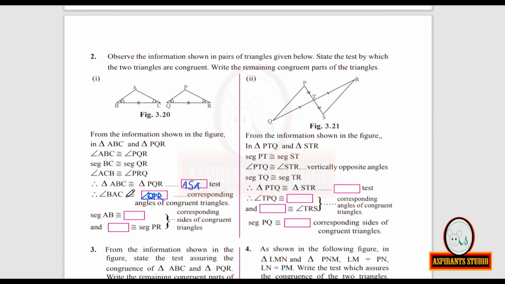Now we have to see the correspondence of the vertices and tell the remaining segments which are congruent to the corresponding segments. Now if you take segment AB will correspond to segment PQ and they are also congruent because these two triangles are congruent.